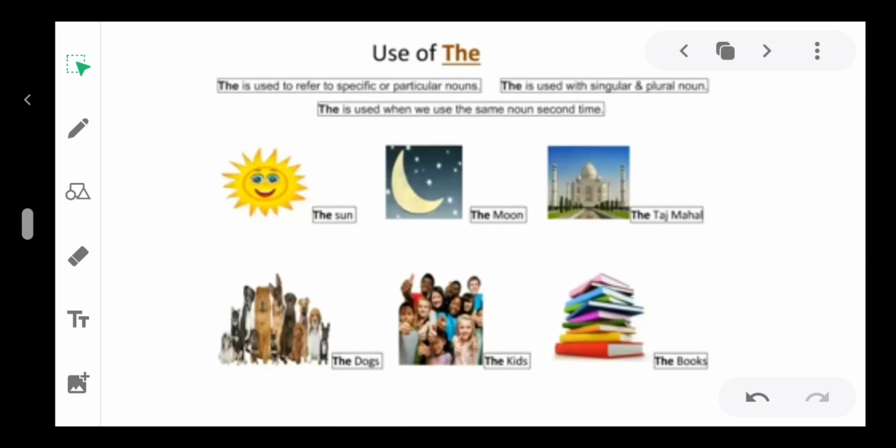For example, the sun, the moon, the Taj Mahal are proper and particular nouns and singular nouns also. Next, the dogs, the kids, the books are plural nouns.